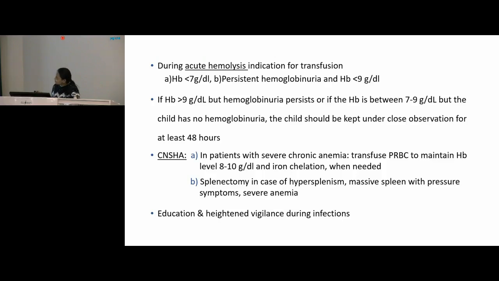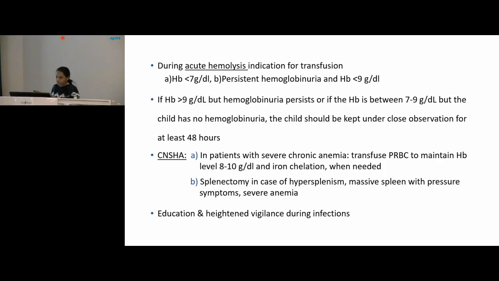And when someone is having acute hemolysis, the indication for blood transfusion is a hemoglobin of less than 7, or a hemoglobin of less than 9 if the child has ongoing hemoglobinuria. You need to remember that. And whenever you're admitting and transfusing a child, it doesn't mean that you just transfuse and discharge.